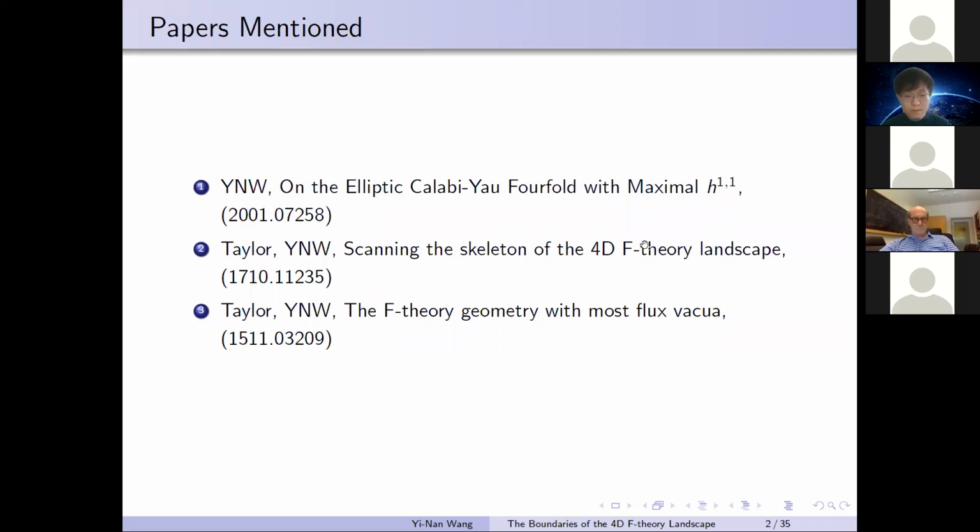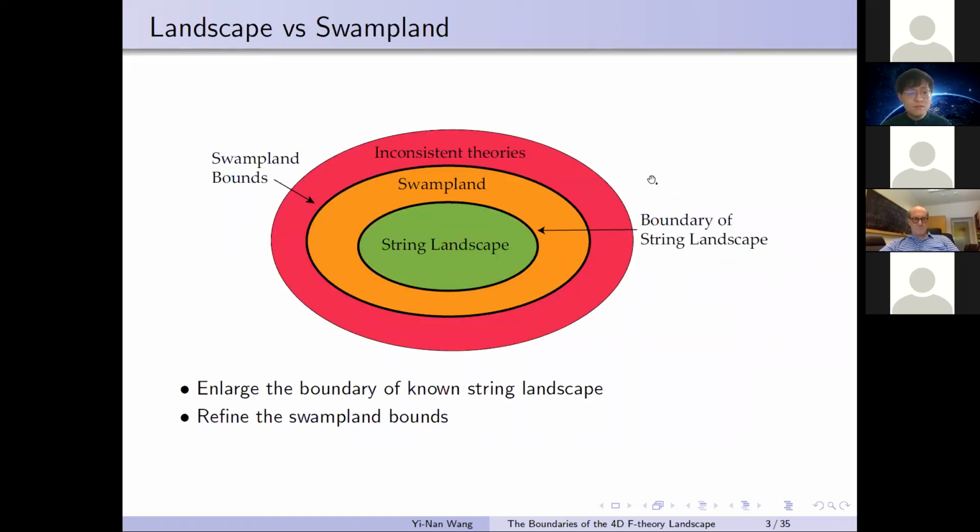Okay. So first, I'm going to give a brief overview about the paradigm of the landscape versus swampland question. Let's consider the space of low energy effective theories coupled to quantum gravity. The smallest set you can see here is the known string landscape, which has a well-known construction in the current string theory framework.